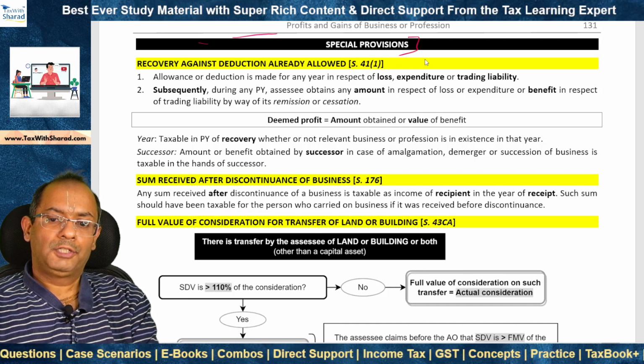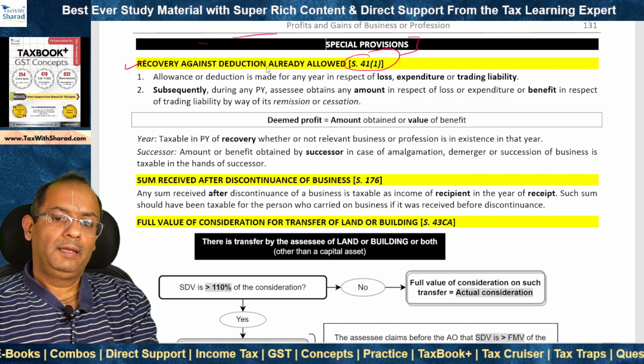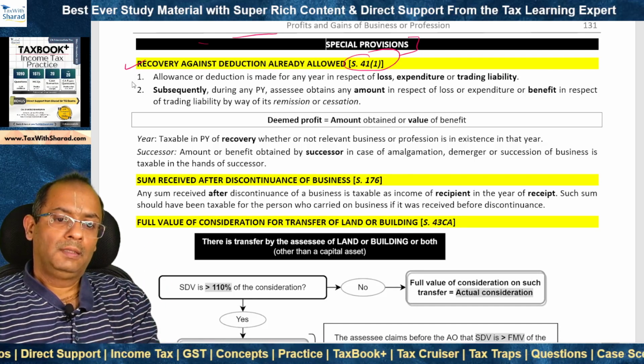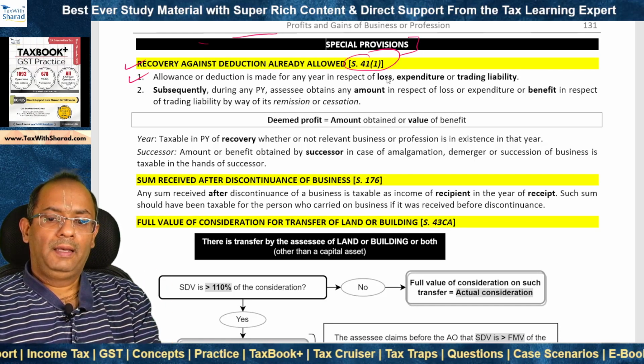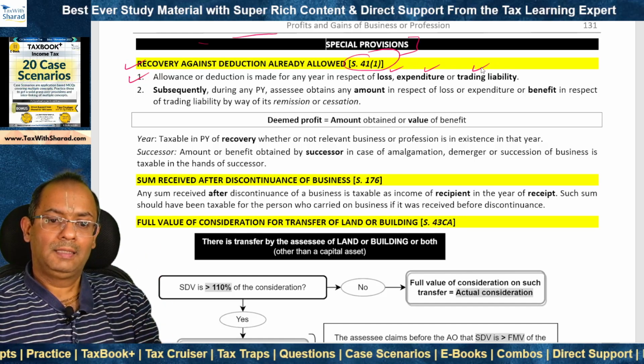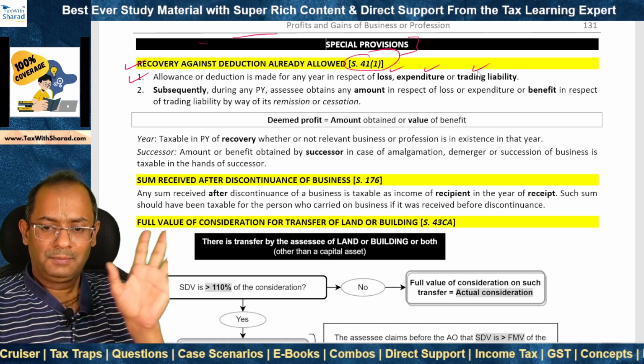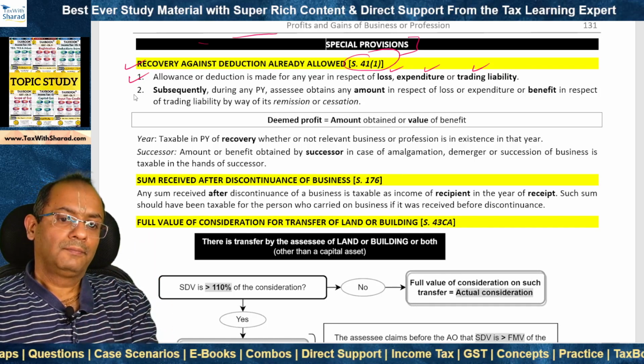Now we look at certain special provisions. Section 41(1) covers a case of recovery against deduction already allowed. This is a case where there is a loss or expenditure or trading liability in a previous year and the SSE is allowed a deduction or allowance in respect of this in computing the income.